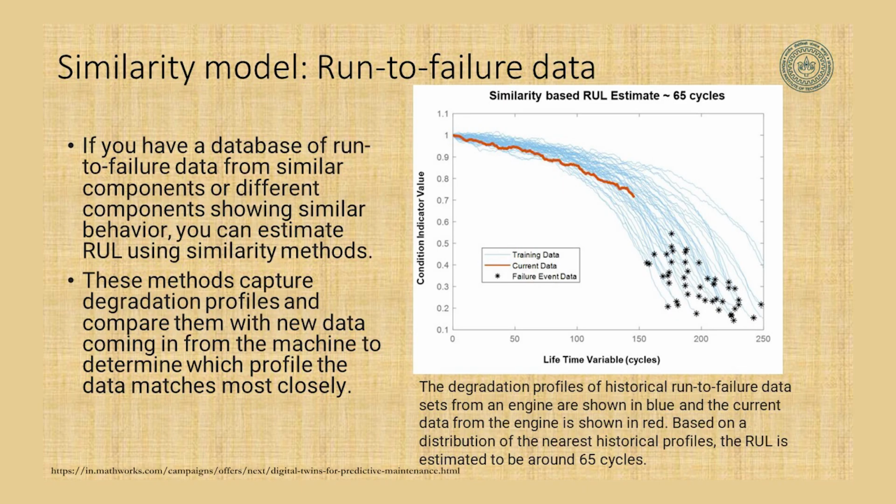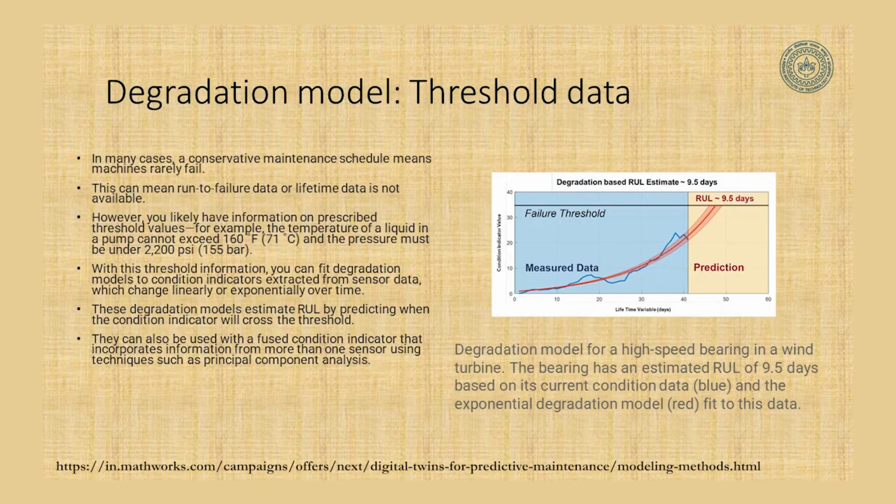Based on this, you can say that the remaining useful life when the machine is here is another around 65 cycles, because it will go on this trajectory. So, if you draw the ordinate here and here, then this length is around 65. Make sense? So, that is how you use the model.